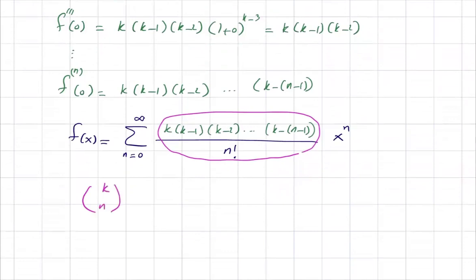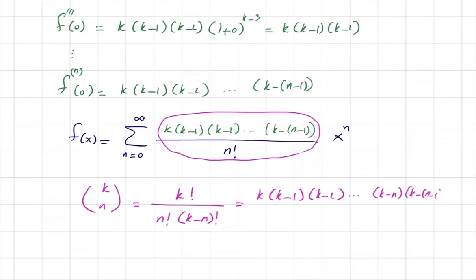k choose n is defined as k factorial over n factorial times k minus n factorial, which is k times k minus 1 times k minus 2 up to k minus n plus 1, and you continue this process until you end up with 2 and 1 at the end.